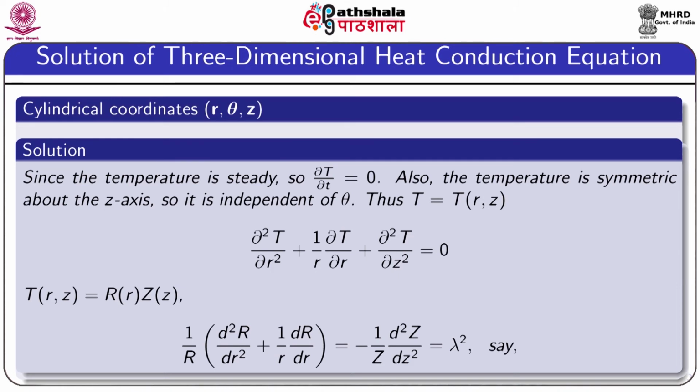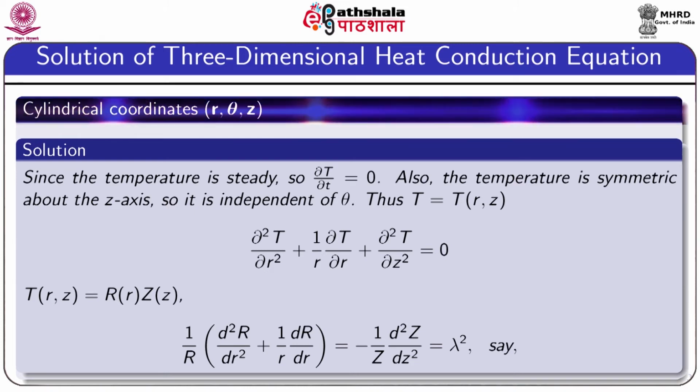Again, we are using the method of separation of variables. For that, capital T is written as a product of two functions capital R and capital Z, where R and Z are functions of small r and small z respectively. Substituting this expression in this equation, we obtain a relation which is written in the last equation of this slide.